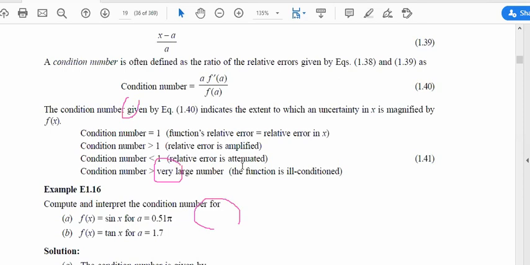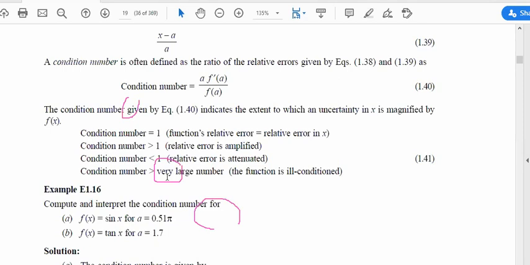Attenuated means decreased. Condition number very large: if the condition number is greater than a very large number, suppose say 5, 10, 100 or something, then the function is ill conditioned. That means the function we are going to discuss is not useful for the discussion.